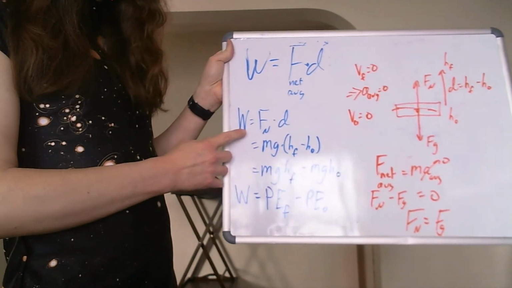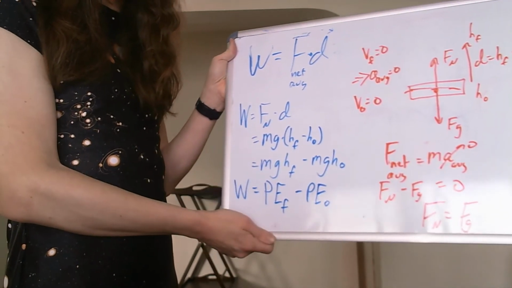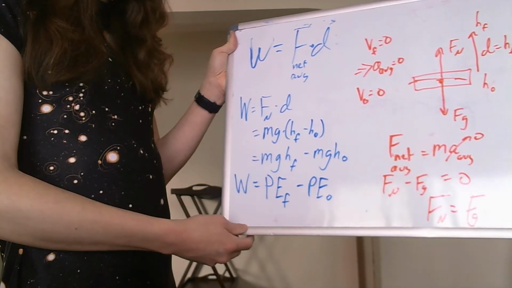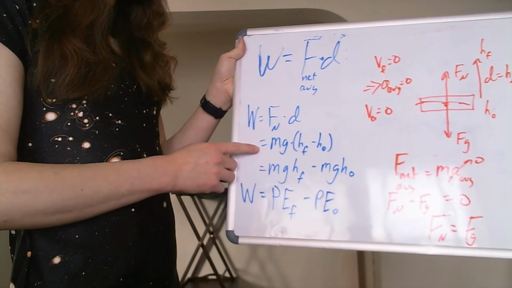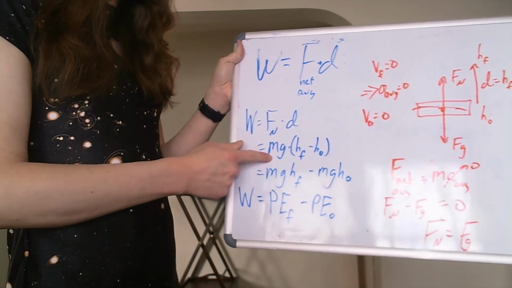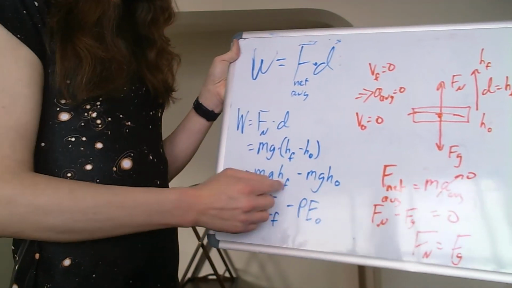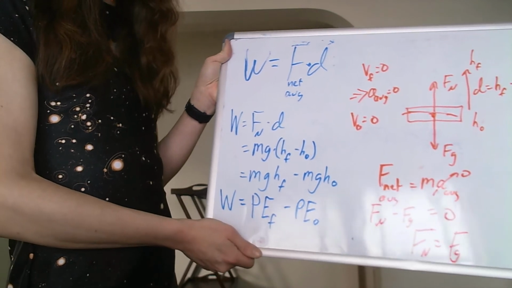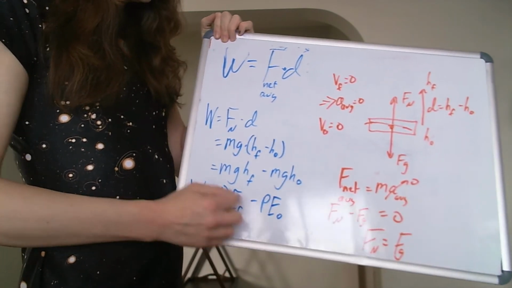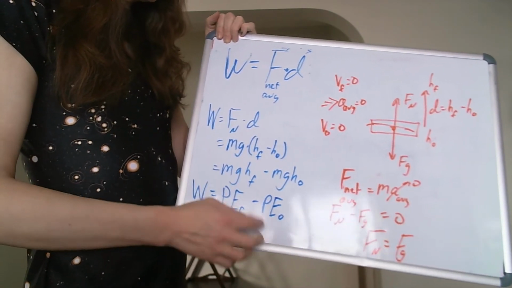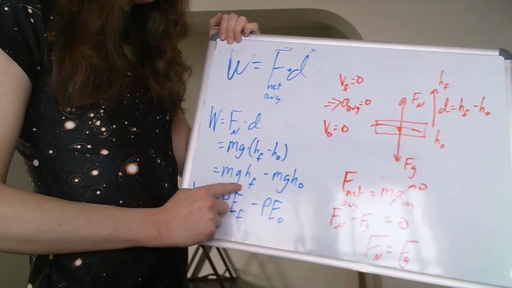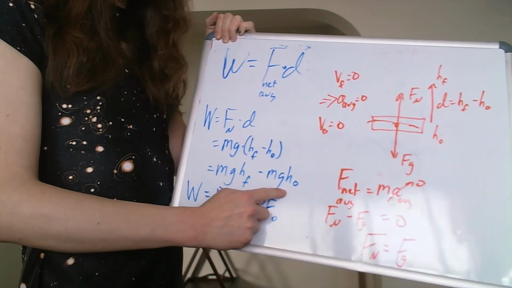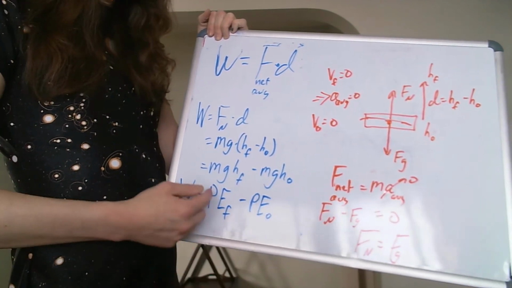Here we're just looking at the work supplied from the outside, but not through gravity. Then that same work is equal to the weight, the normal force, times that difference in height. We distribute that mg, and we see we've got two terms again: the difference between some final state and some original state.